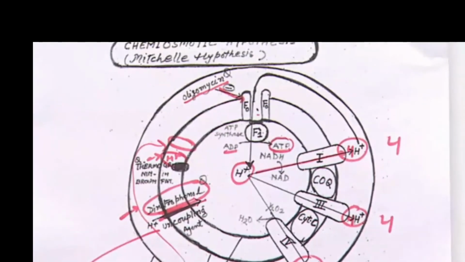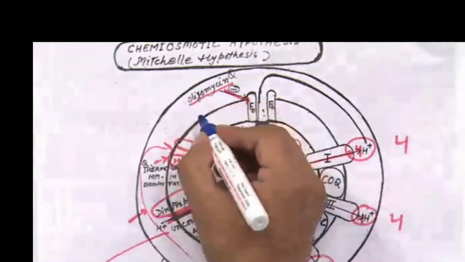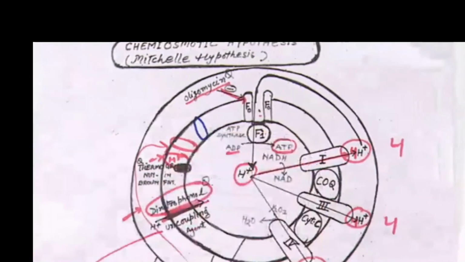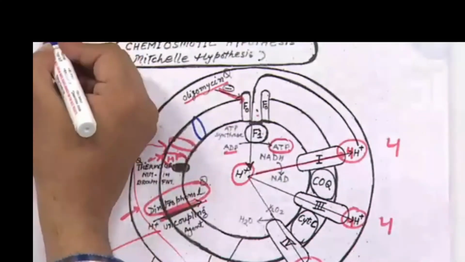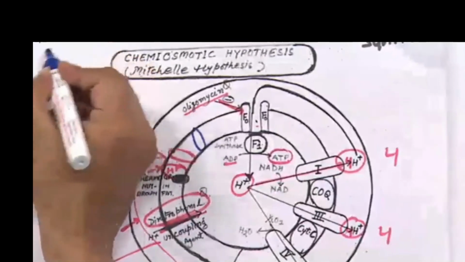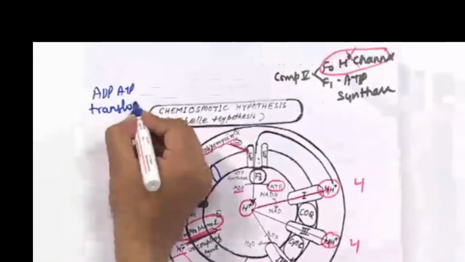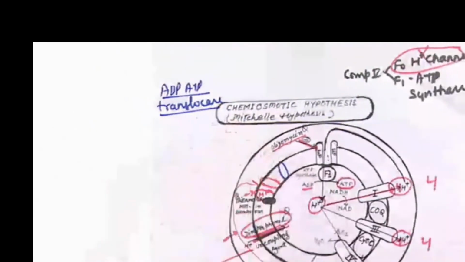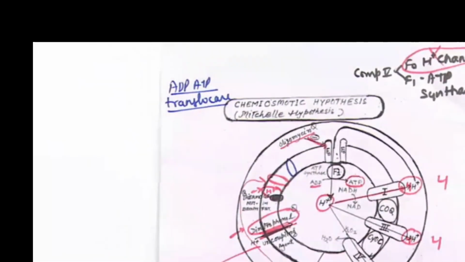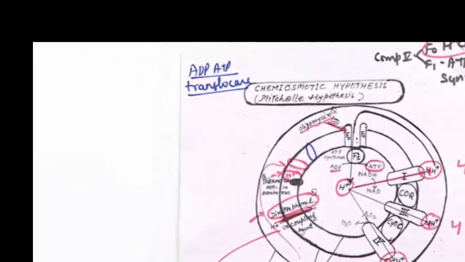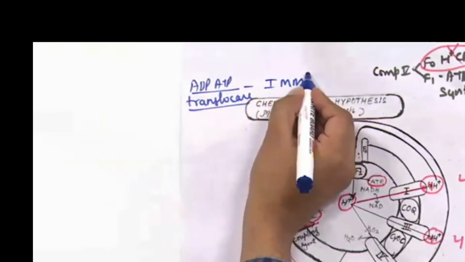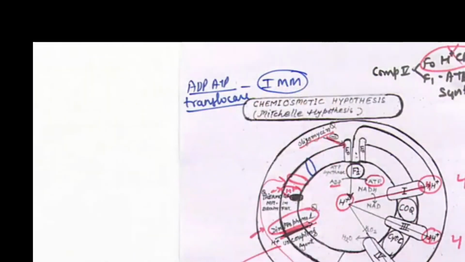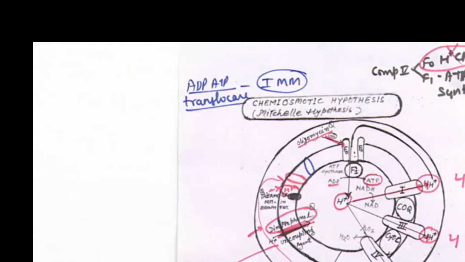There is one more protein present at inner mitochondrial membrane. This is ADP-ATP translocase. Question: ADP-ATP translocase is present at inner mitochondrial membrane.